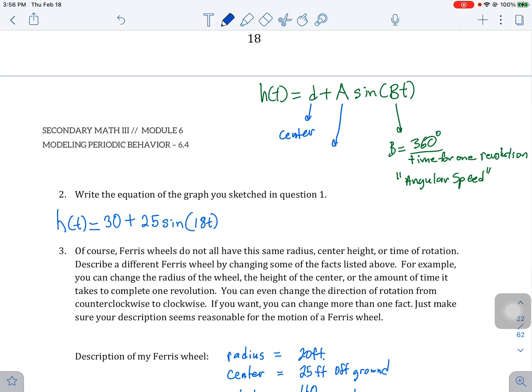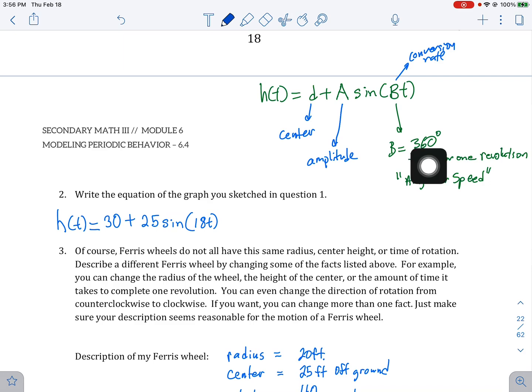A is the radius in this case, but it's also the amplitude. Sine is the trig function that repeats. And then B is a conversion rate. What it's doing is converting t, seconds, into degrees.